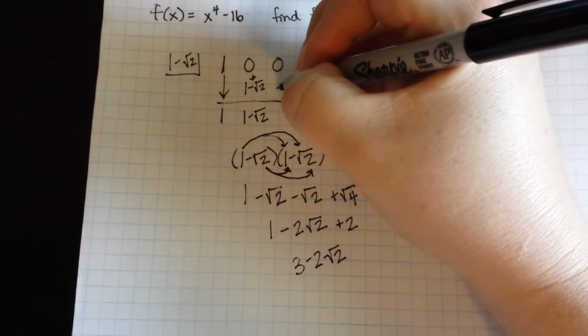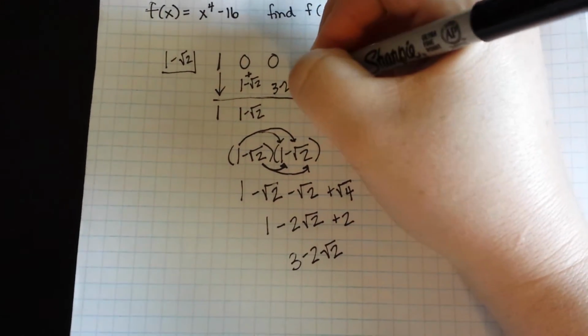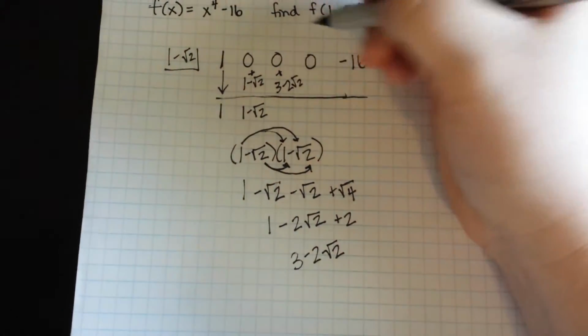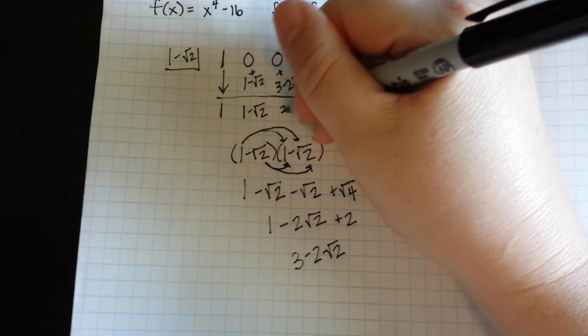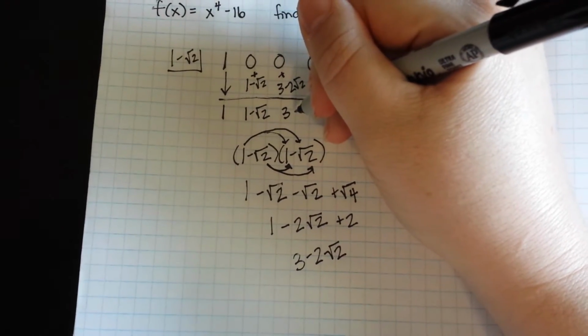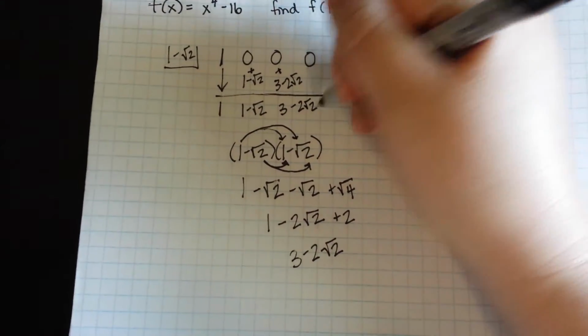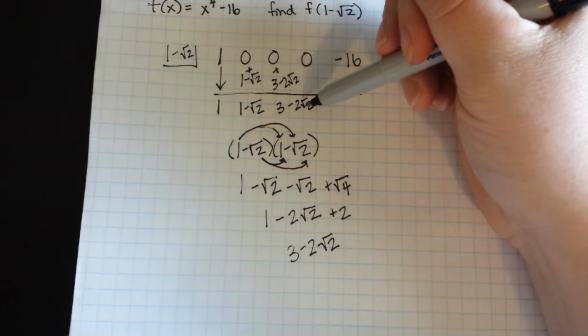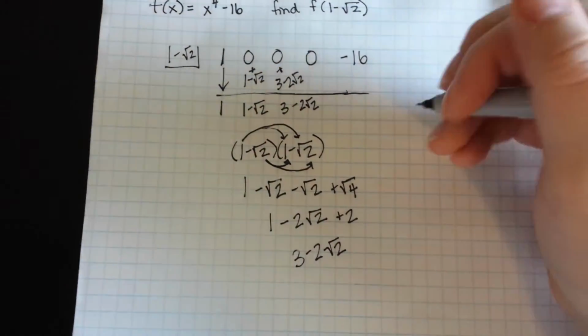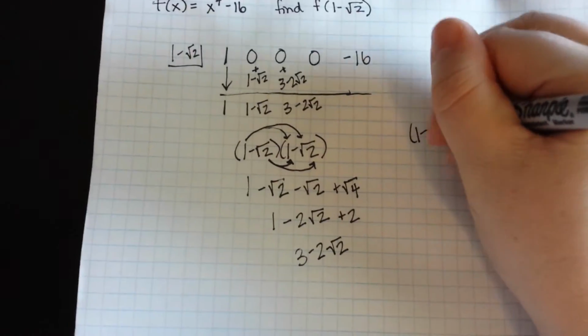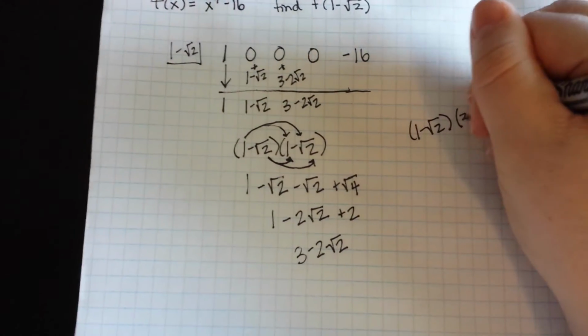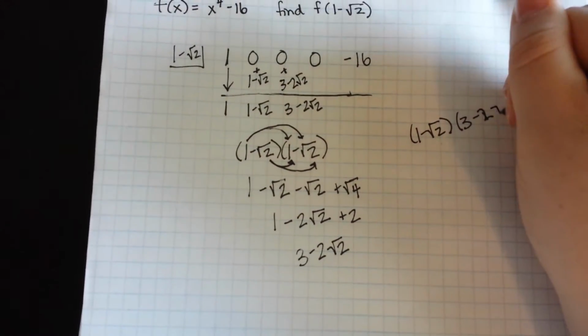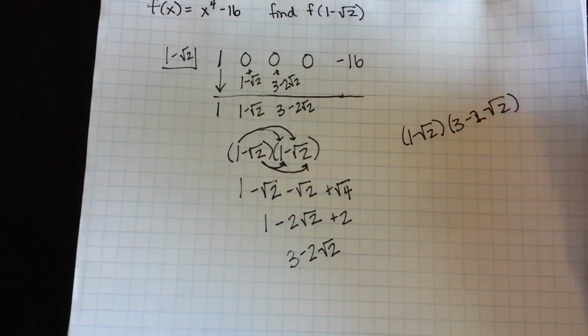So I put that number up above the line, 3 minus 2 square roots of 2. I add it to 0, and that just gives me 3 minus 2 square roots of 2. Now this number that's below the line gets multiplied with the number that's in the box. So 1 minus the square root of 2 times 3 minus 2 square roots of 2.